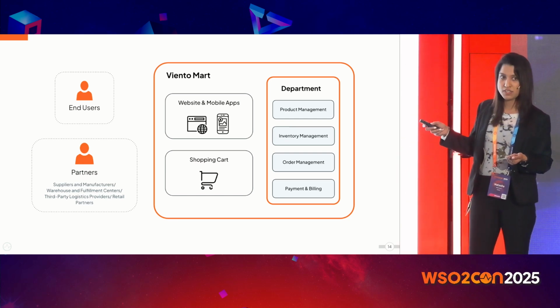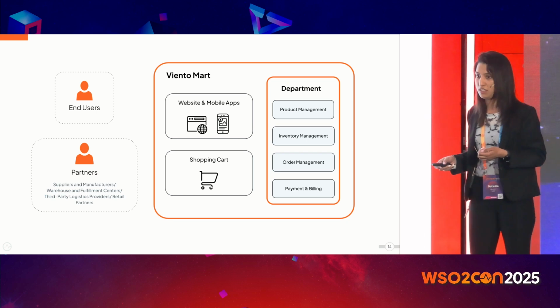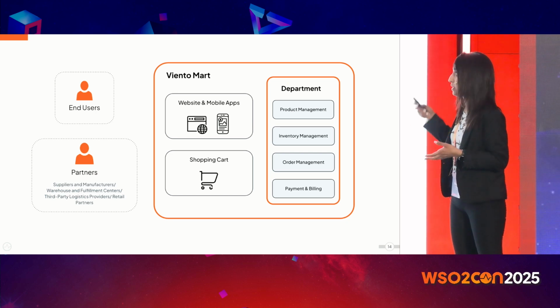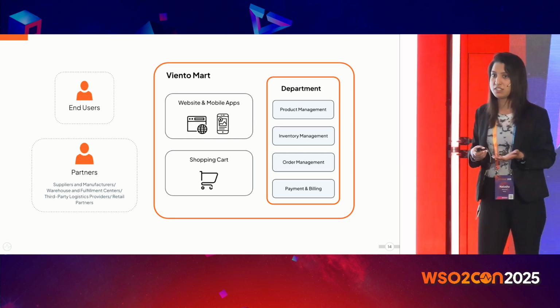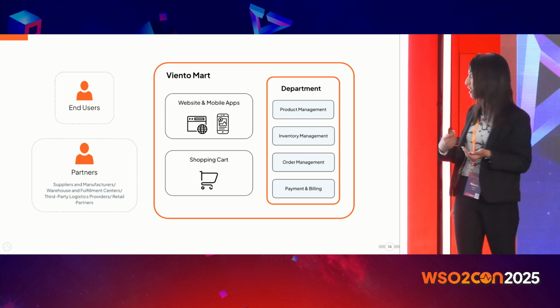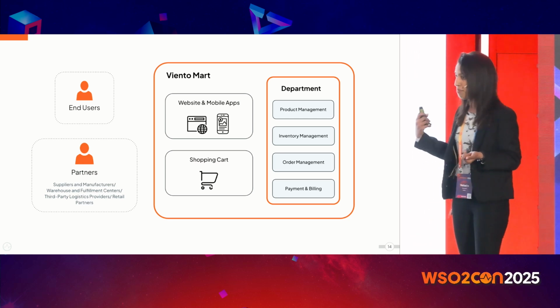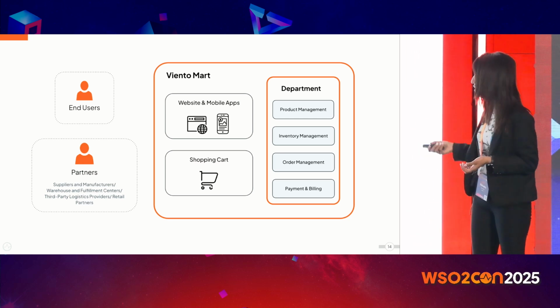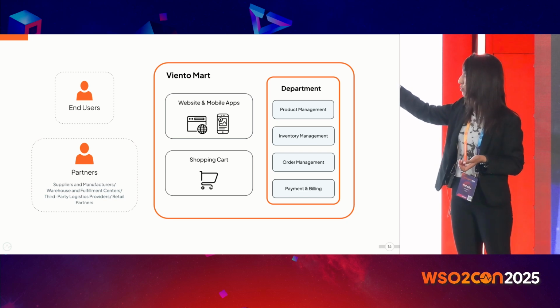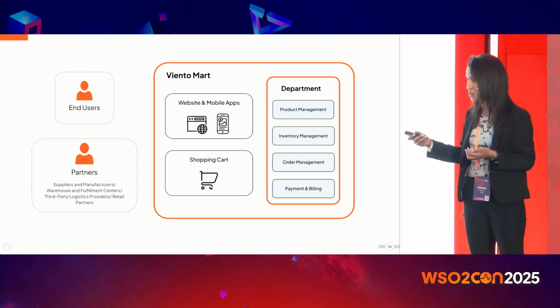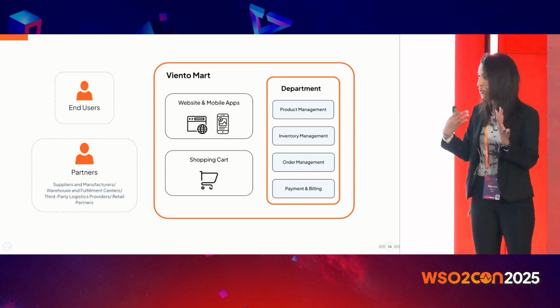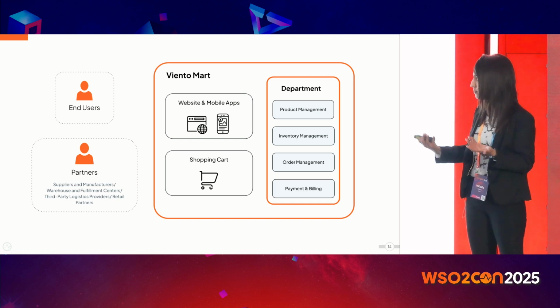As I said, Vientomart is an online store. It has different departments which do product management, inventory management, order management, payment, billing, and much more. And they have their own website and mobile apps, which consumers like us use to purchase different products.